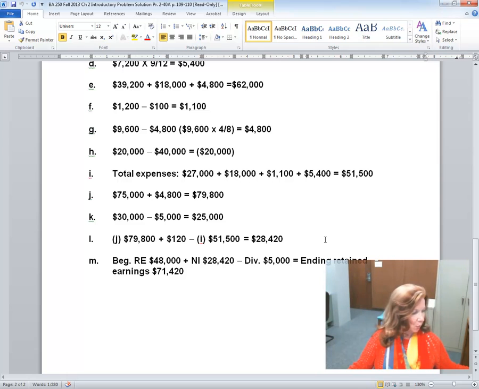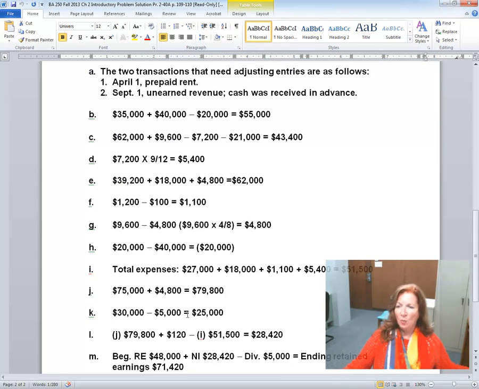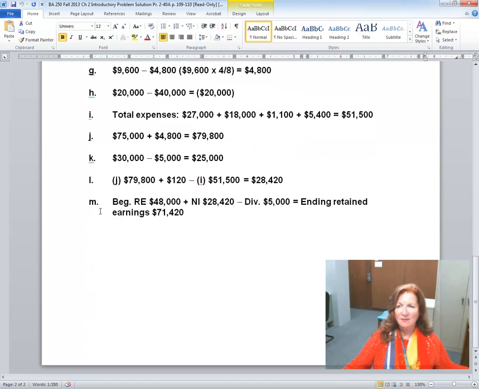Next is what amount of retained earnings would be reported on the balance sheet. And this is an equation that I gave you last week in class: beginning retained earnings plus net income minus dividend equals ending retained earnings. I remember going over this.